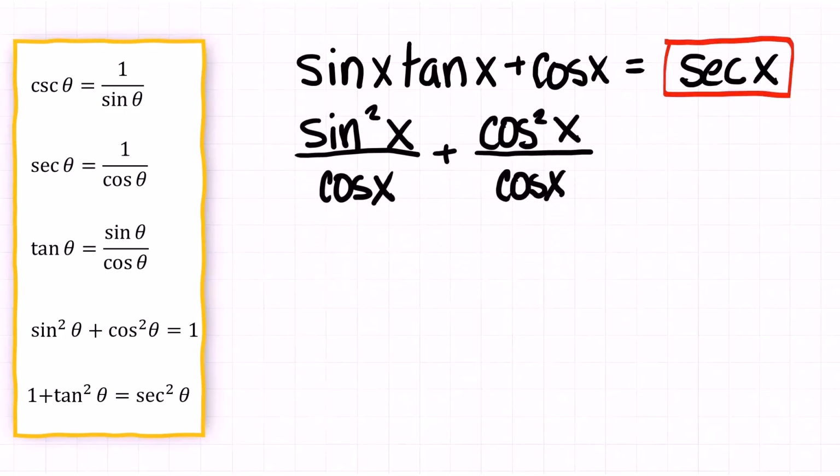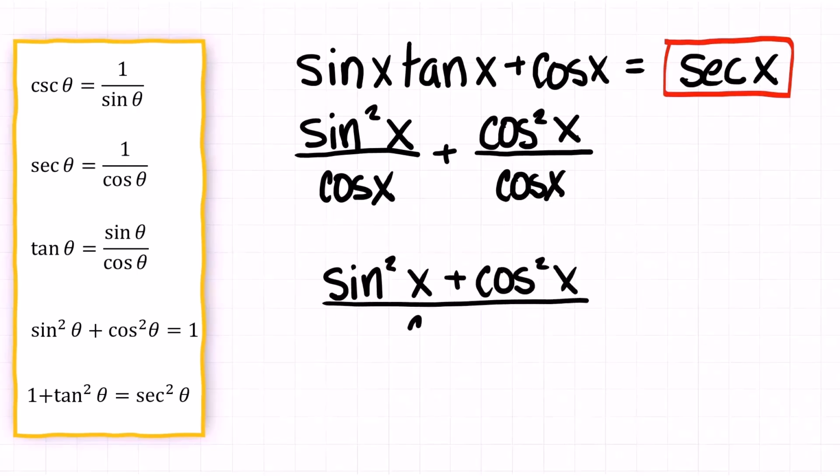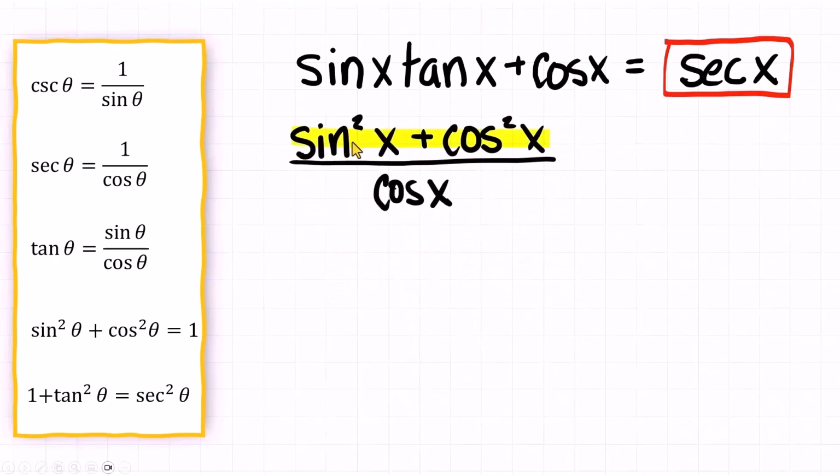All right, I got two fractions I need to add together that have the same denominator. So you add their numerators, and you should be getting some bells and whistles going off right now because look at what you have here. Sine squared x plus cosine squared x. That's your big Pythagorean identity in trigonometry. This whole thing turns into a 1.